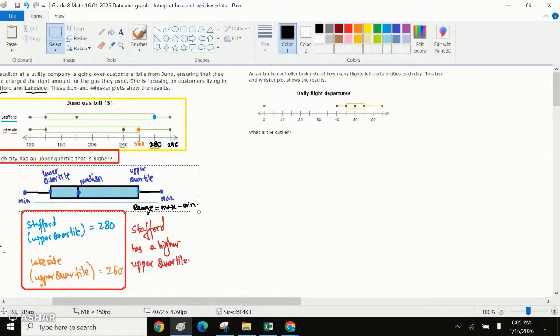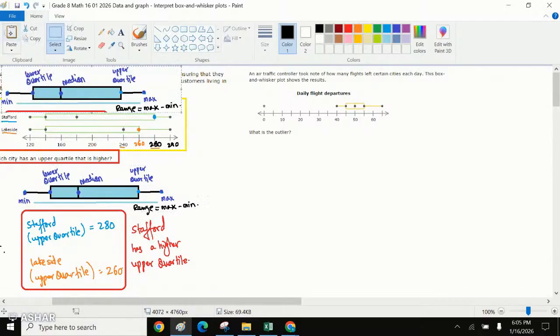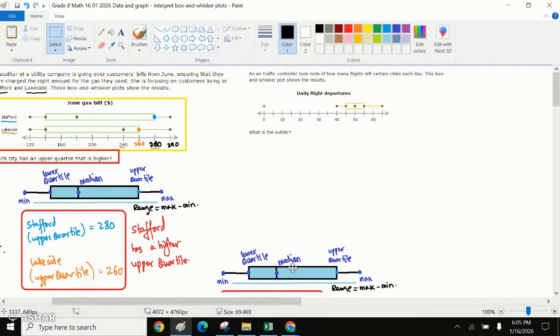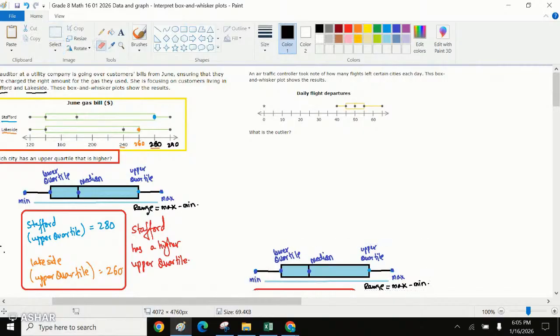I'll try to copy this every time. Let's put it up in a box so that we can always refer to this. I'll try to copy this in every question.